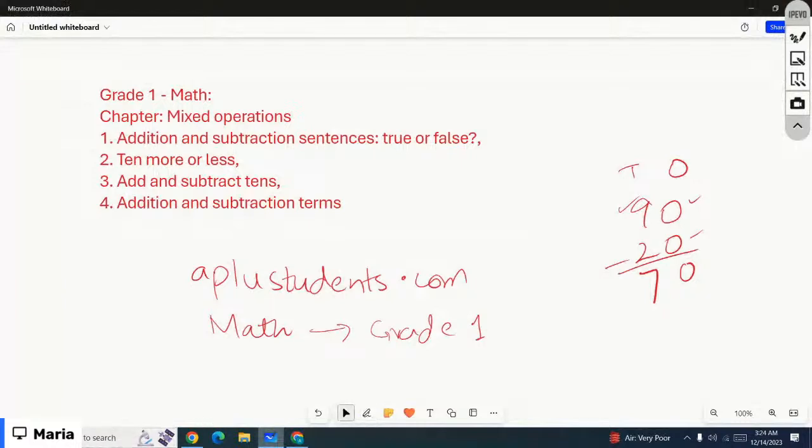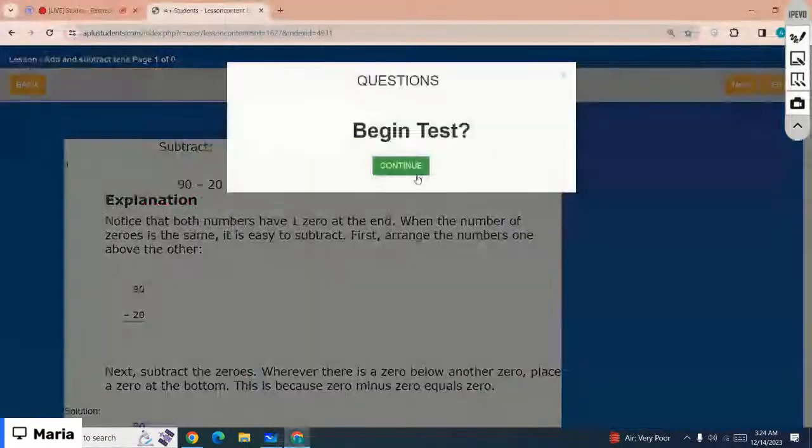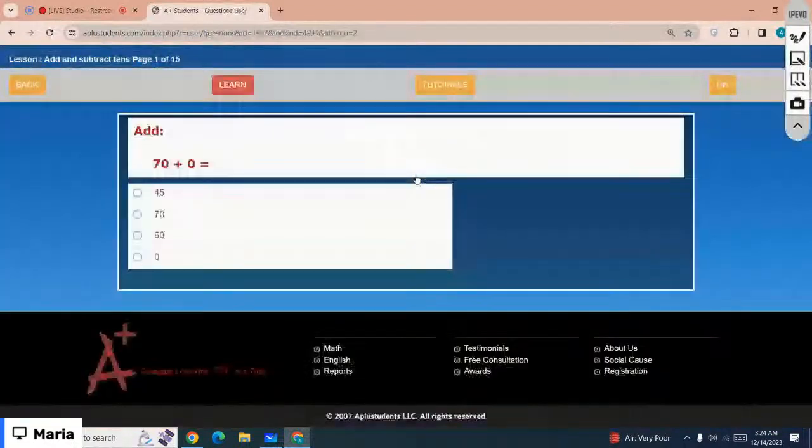Let's just start with the test questions. 70 plus 0, which is the correct option?